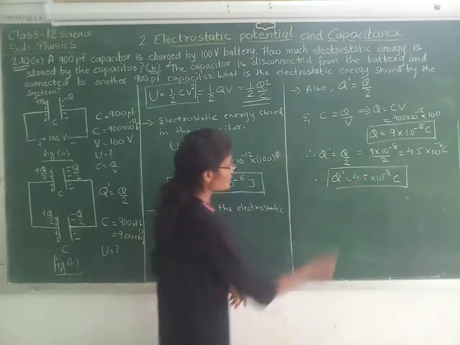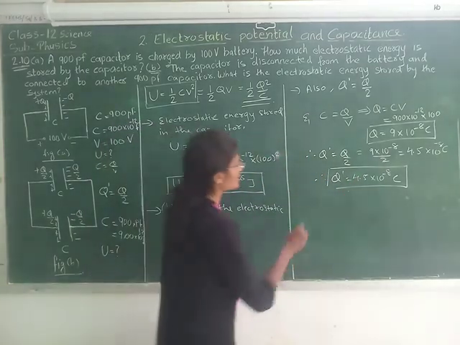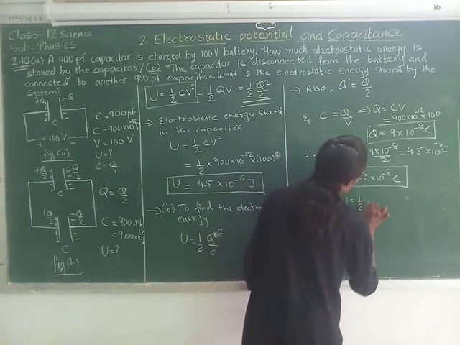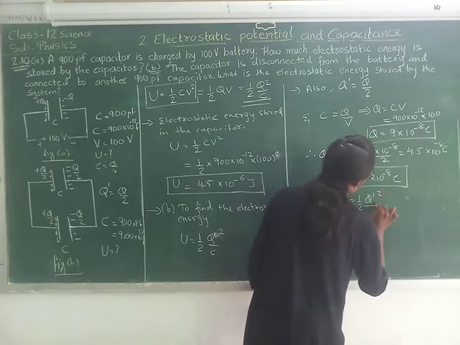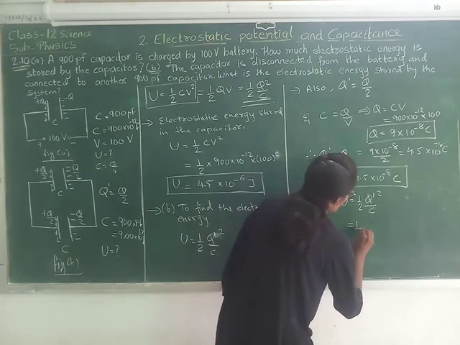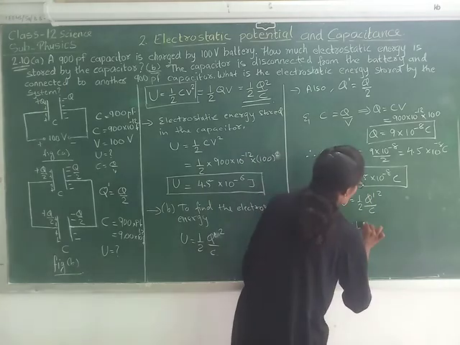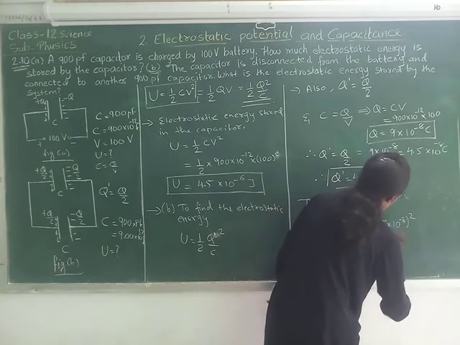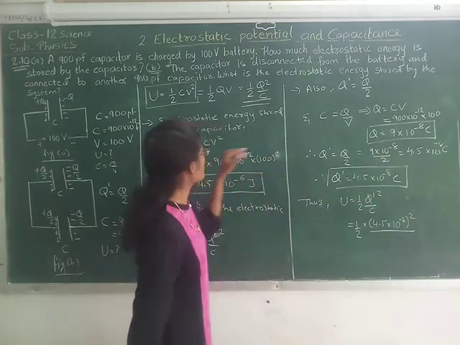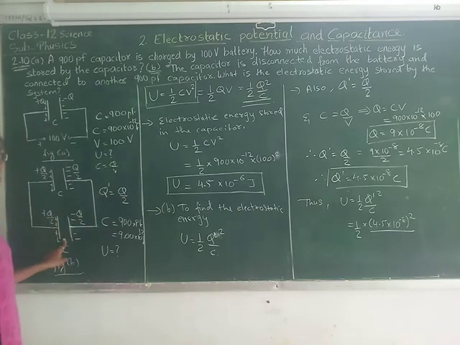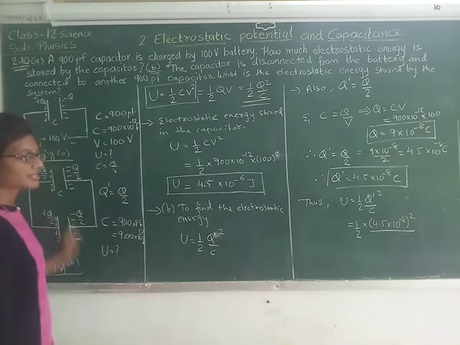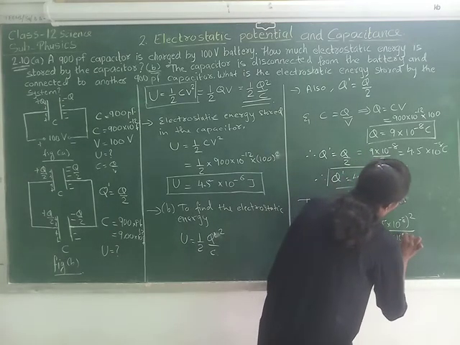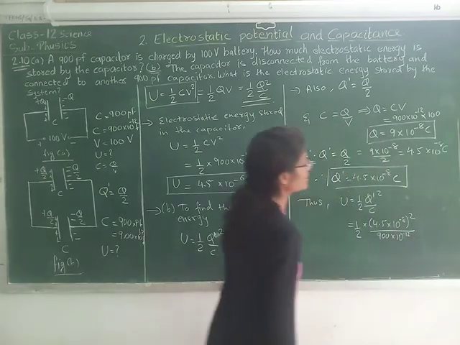Now we can use this in the formula. Thus, U equals half Q dash square by C. That is half into 4.5 into 10 raised to minus 8 squared, and the capacitance value, that is for the capacitor connected to this capacitor, is 900 picofarad, that is 900 into 10 raised to minus 12.